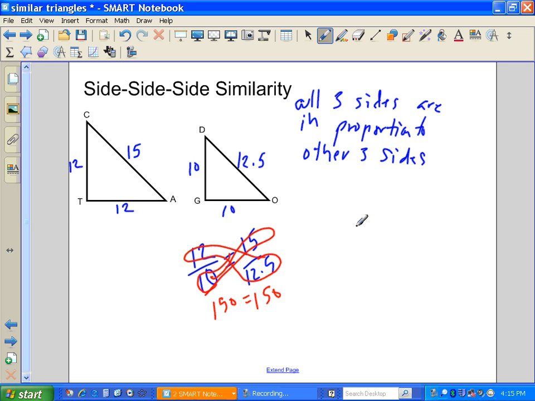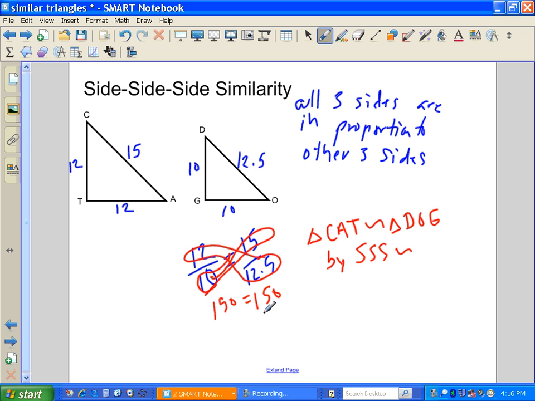So we can say that triangle CAT is similar, there's our similar symbol, to triangle DOG by side, side, side similarity.